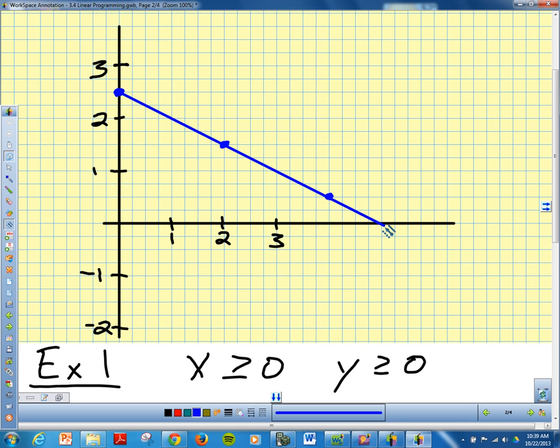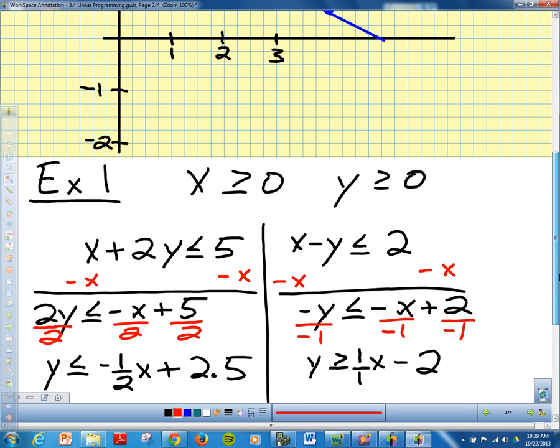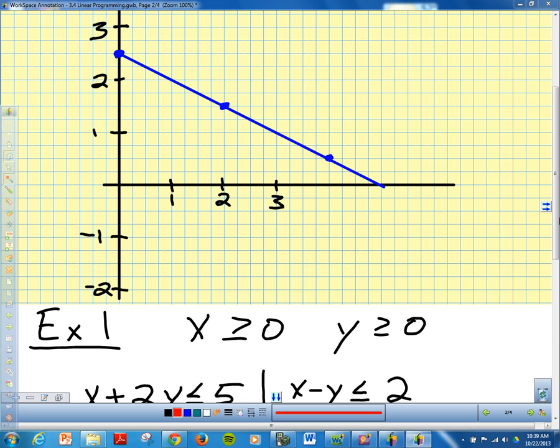So our second equation started at -2, and we're going up 1, right 1. So we start at -2, and we're going up 1 and to the right 1. So starting at -2, and we go up 1 to the right 1, and we go up 1 to the right 1.